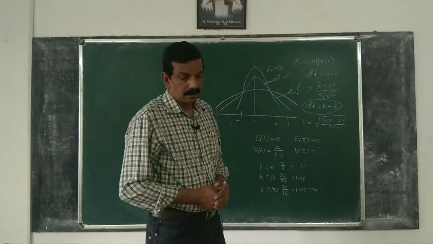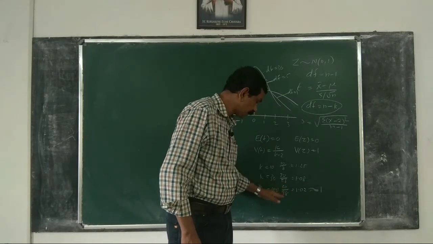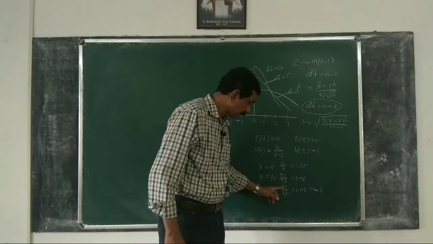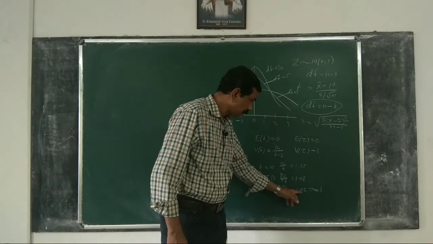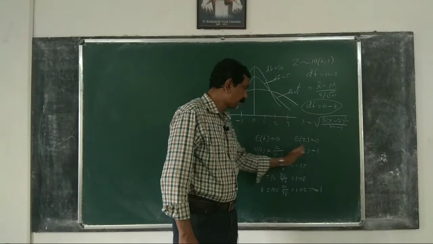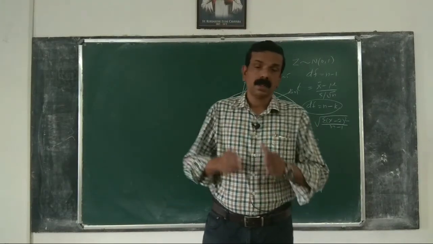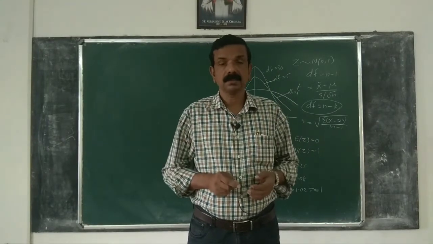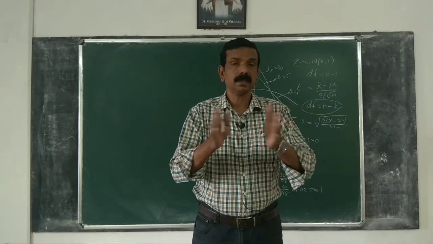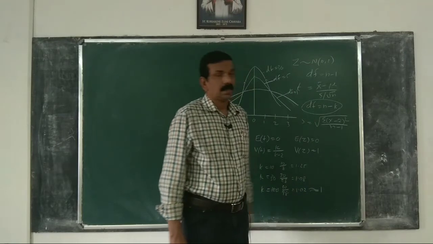So as you can see, when the degrees of freedom is 100, there is not much difference between t and Z. That is why we say that as the sample size is very large, the t curve approaches the standard normal curve.